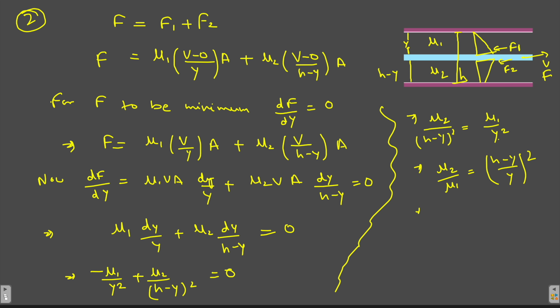Or you can write it as under root mu2 by mu1, which will be equal to h by y minus 1. Solving this further, we get under root mu2 by under root mu1 plus 1 is equal to h by y.